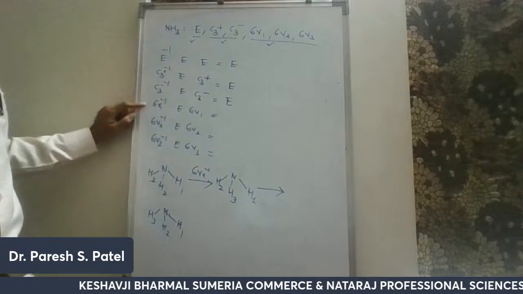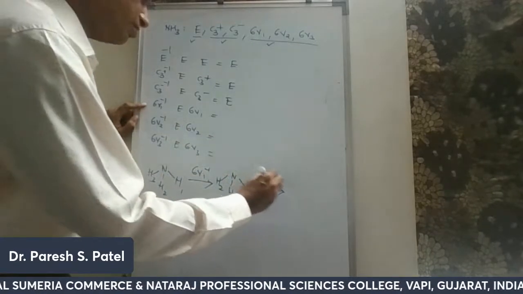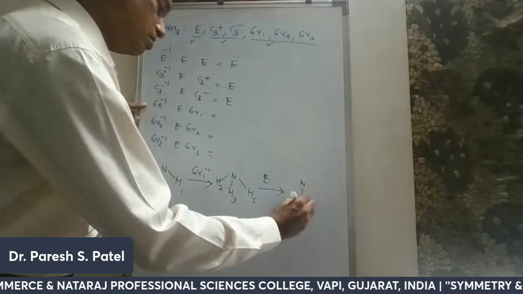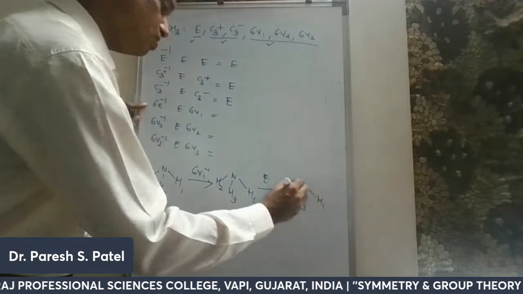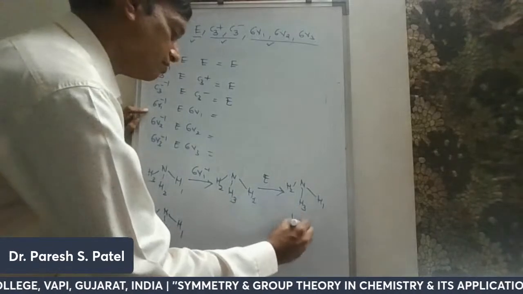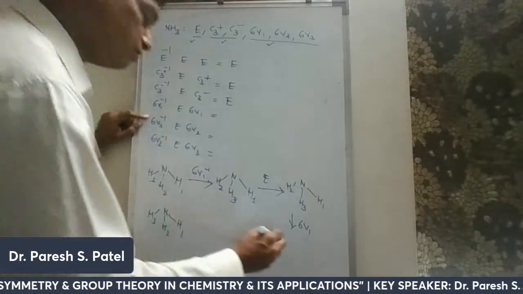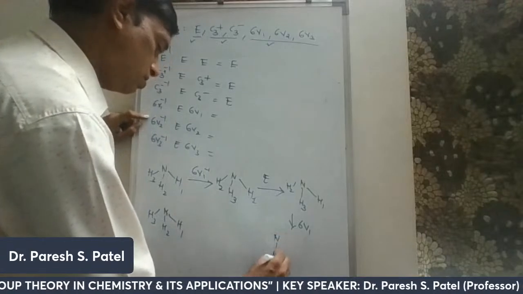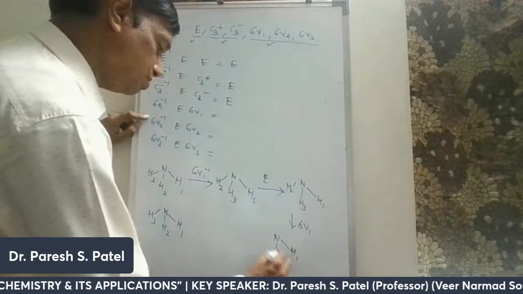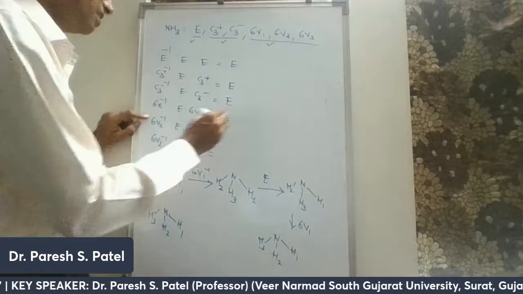Sigma VA inverse. Then sigma V1 inverse or sigma VA inverse, both are the same. Hydrogen 3, hydrogen 1, hydrogen 2. Again, sigma V1 or sigma VA, both are the same. H1, 2, and 3. To give the original molecule, it means identity.